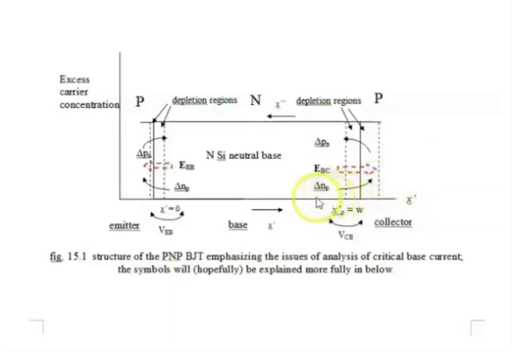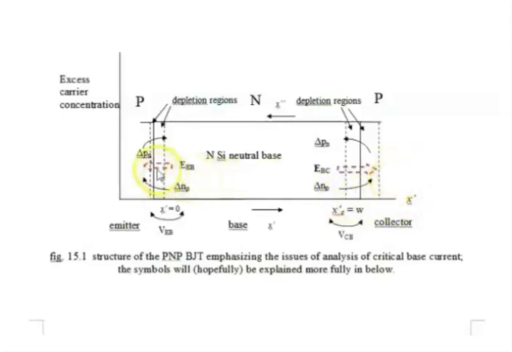Even though the injection here is much larger than the injection here, because this is going from a relatively low doped or moderately doped into a very highly doped, and this is going from a moderately doped into a low doped, the reason that we can make this so much smaller is because we have a negative charge at the collector terminal.